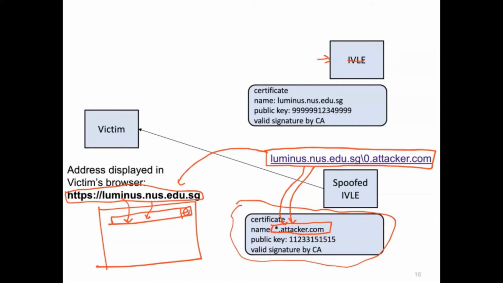Now the user feels safe to go into the website and key in his password. But in fact, this is hosted on the spoof website. This attack is real, I did not make it up, and there is a CVE number for it; it was discovered in 2013.